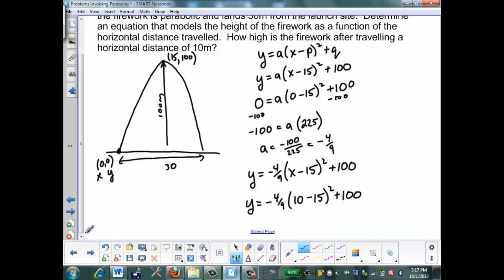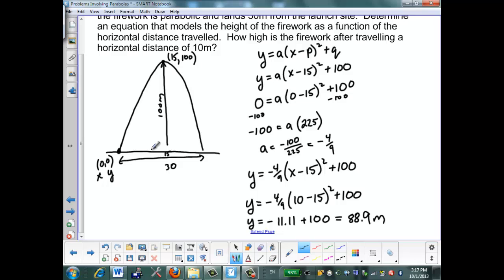So I've got 10 minus 15, which is going to be negative 5. That's going to be squared, which is going to make this y equals negative 11.11 plus 100, which is 88.9 meters high.